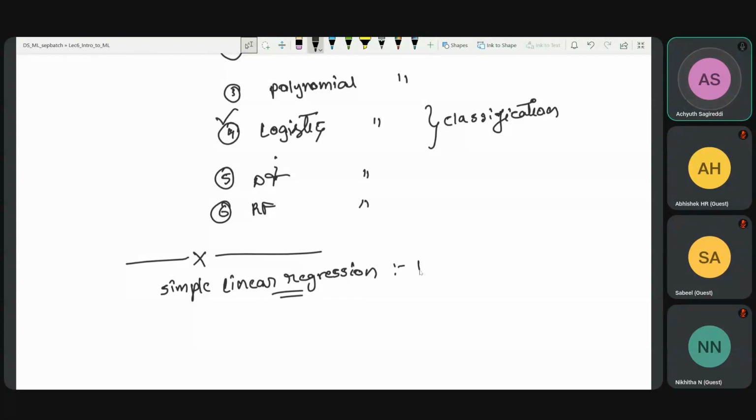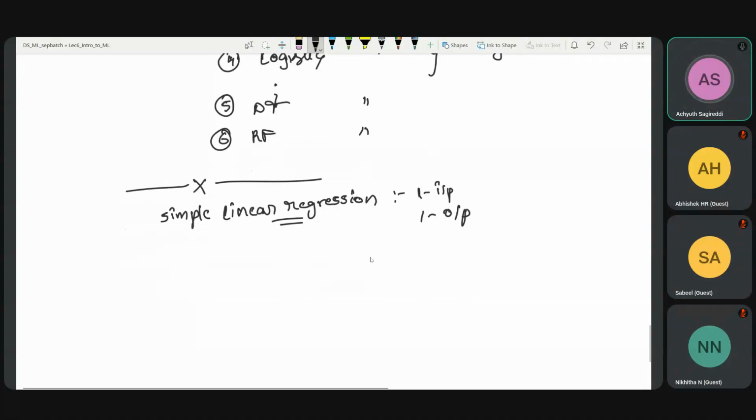One input variable is there and one output variable is there. We have to find the relationship between these two variables. Let's say, for example, we have one variable, study, in terms of hours.